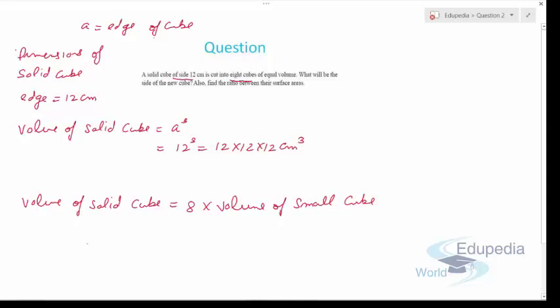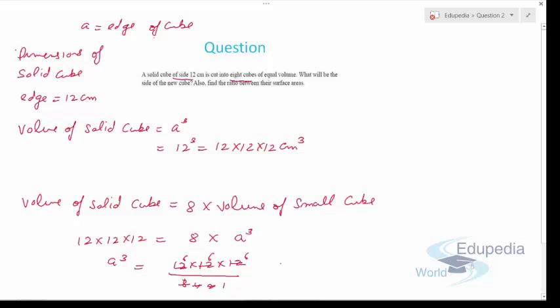So the volume of the solid cube, which is 12 times 12 times 12, is equal to 8 into the volume of the small cube. We can write it as a cube, because a is the edge of the cube, it's a notation. So a cube will be equal to 12 times 12 times 12 upon 8. So this will be 2 fours are 8, 2 sixes are 12, 2 ones are 2.